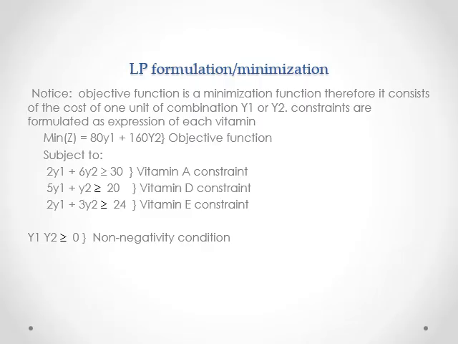This constraint expresses vitamin A. So vitamin A amounts to 2 in the first combination and equals 6 in the next combination.